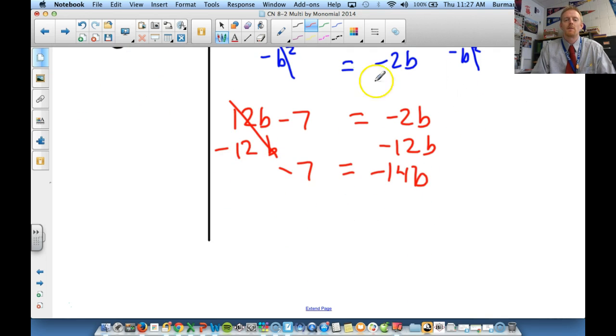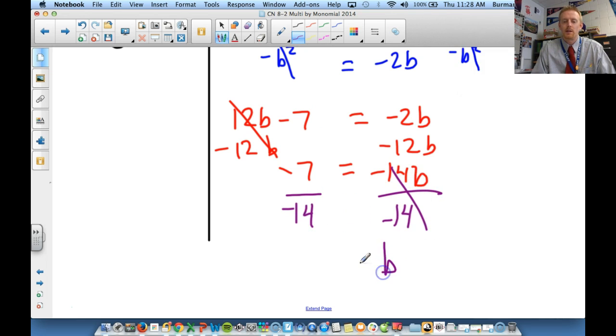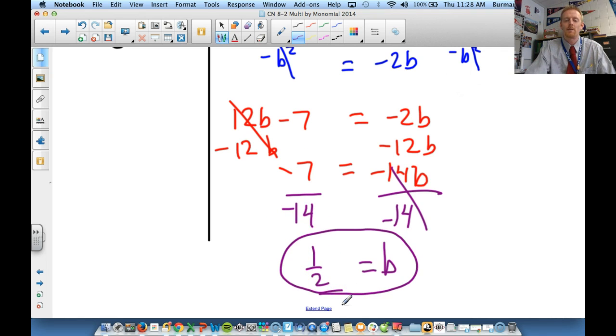And when we solve this, folks, just like we always have, we divide both sides by -14. This is the step that you guys really are good at. We get ourselves b is equal to 1/2, because a -7 divided by a -14 makes a positive 1/2. So b equals 1/2.